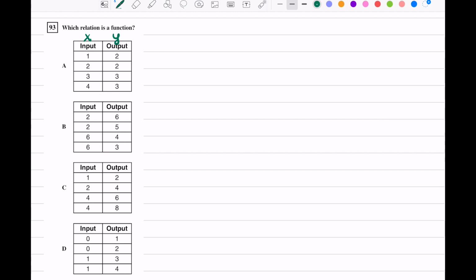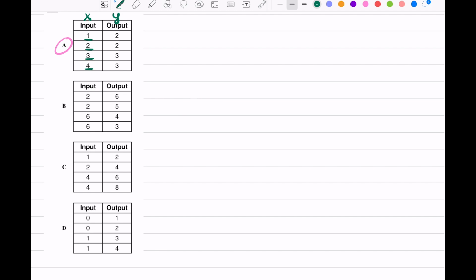So looking at our first option, 1 is associated with 2, 2 is associated with 2, 3 is associated with 3, and 4 is associated with 3. So each of our x values is associated with one y. It works like a vending machine. Each of those inputs you put into the vending machine, you will get back one output. So this would be our answer.